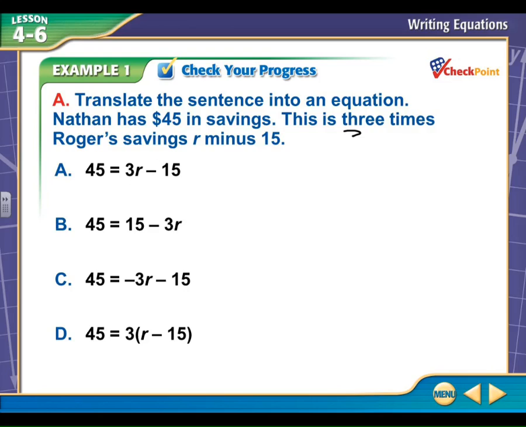I'm going to do 3 times Roger's savings minus 15 is equal to the $45 he has in savings. And so that would match up with A.